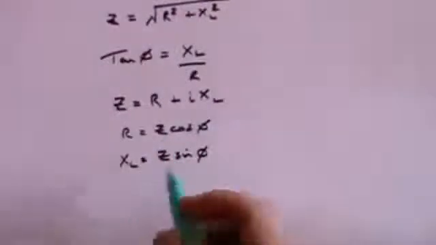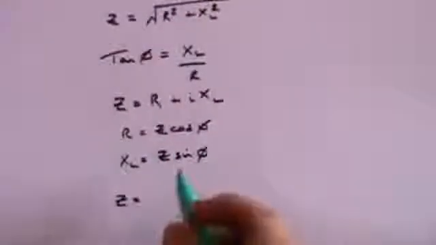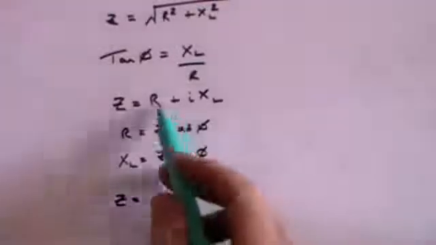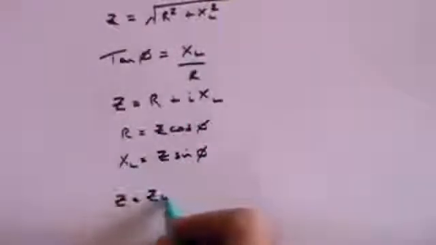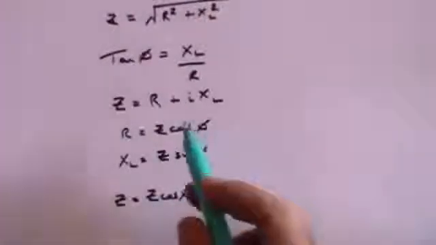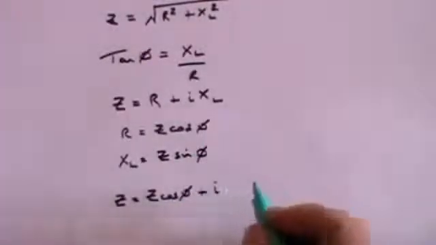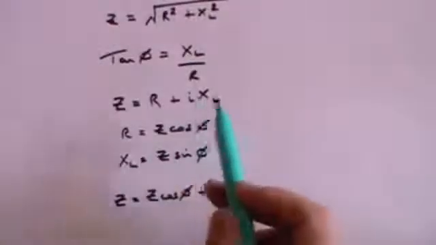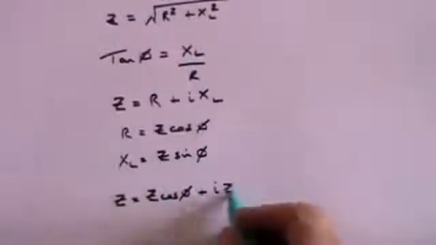And that means that Z is equal to R, which is the value of Z cos phi, plus i times XL, which is Z sine phi.